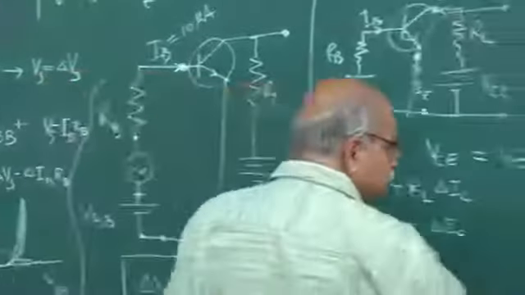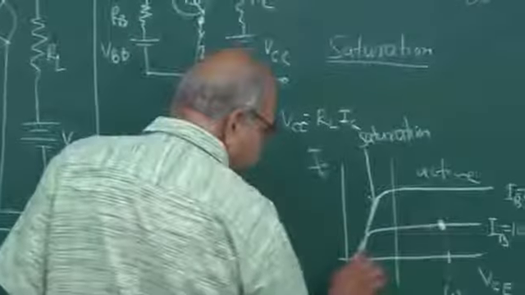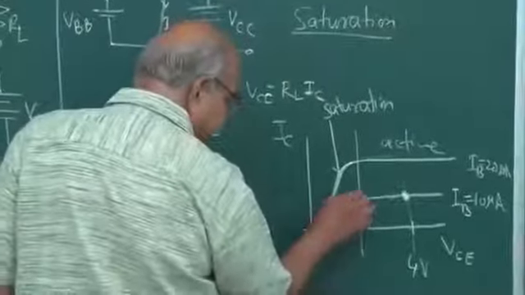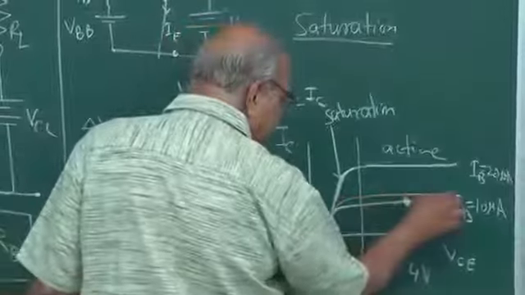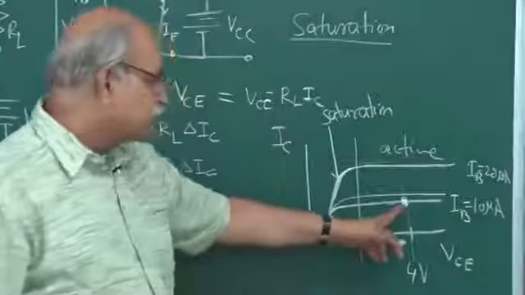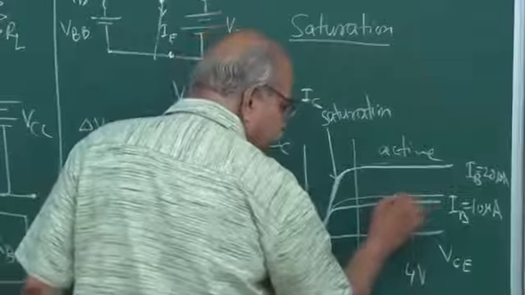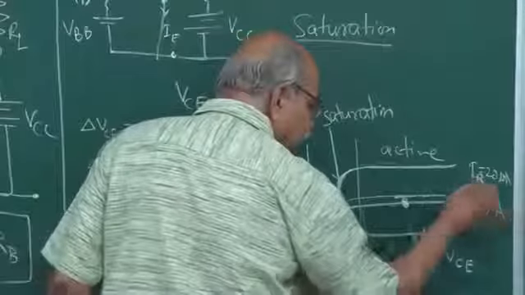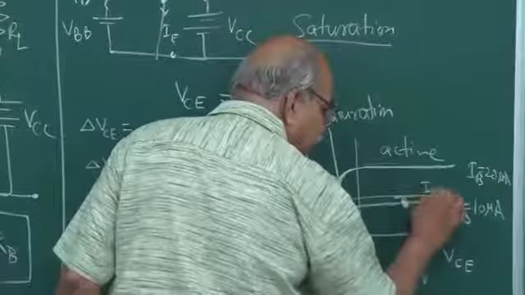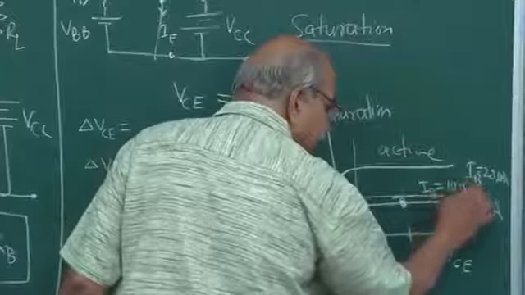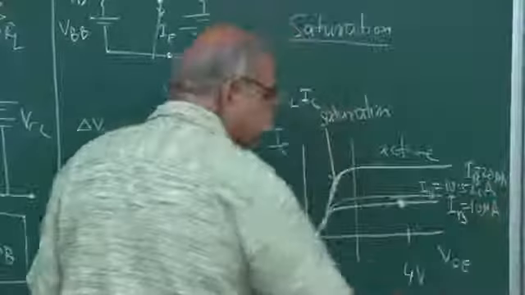That means from this you are going to another characteristic. Your transistor operation was represented by this point, now it will be represented by a point on this characteristic, which corresponds to IB equal to that changed value, say 10.5 microampere or whatever.